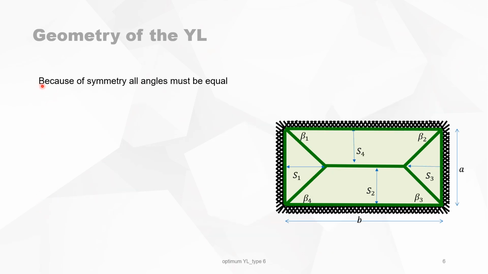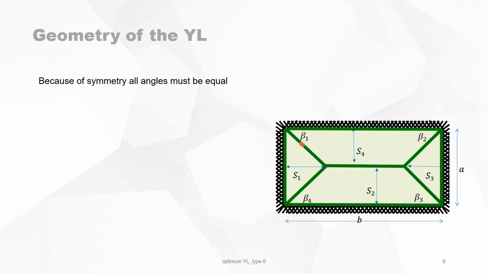Now, because of symmetry, because every corner has the same adjacent legs to form the angle beta 3, beta 2, beta 1, beta 4, because of this complete symmetry, it is not possible that beta 1 up to beta 4 are different from each other.